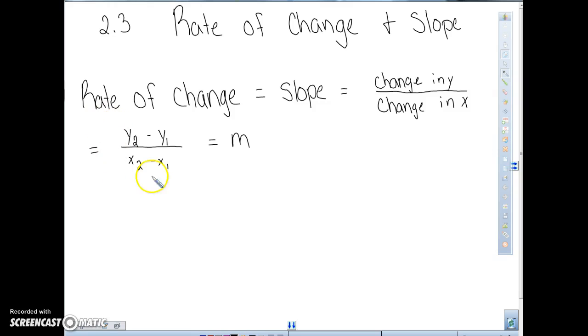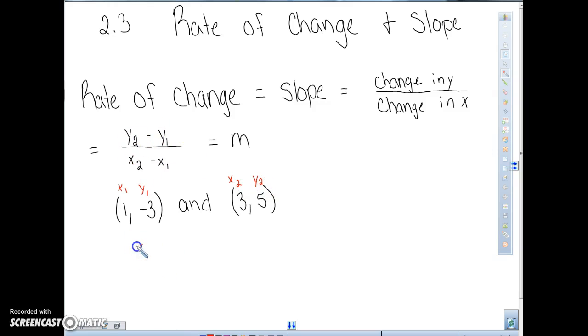So if I ask you to find the slope of 2 points, I say (1, -3) and (3, 5), and you need to find the slope of them. You take y2, and if you have to label them, that's fine, x1, y1, x2, y2.